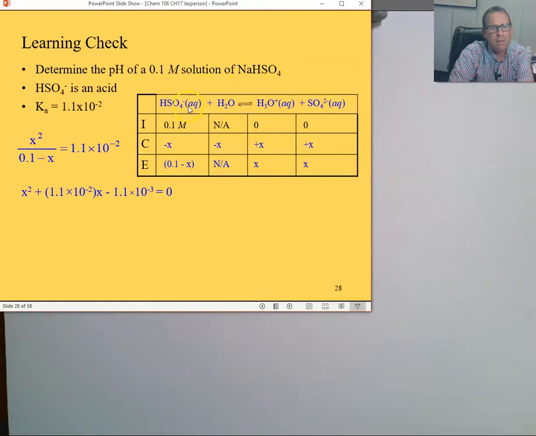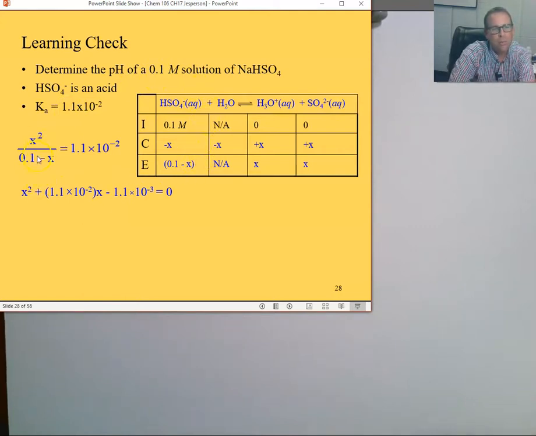HSO4 minus combines with water and will give up a proton and result in the SO4 2 minus ion, because HSO4 minus is an acid, and they told us right there if we were to forget. But the Ka here, 1.1 times 10 to the minus 2, that's essentially 0.011, is very close to the concentration, 0.1. So it's not far enough away to just drop our x here, right?